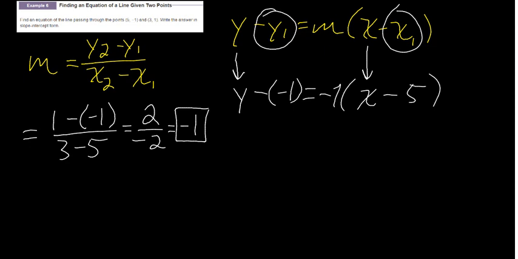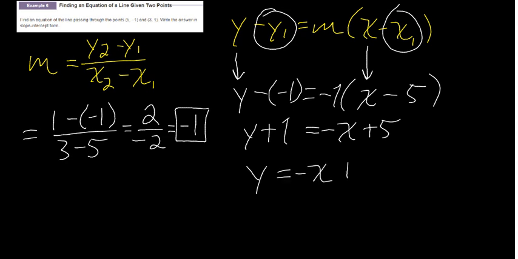We do the arithmetic: y minus a negative 1 is y plus 1, equal to negative x plus 5, since negative 1 times negative 5 is a positive 5. Then if I subtract 1 from both sides, we've got y is equal to negative x plus 4.